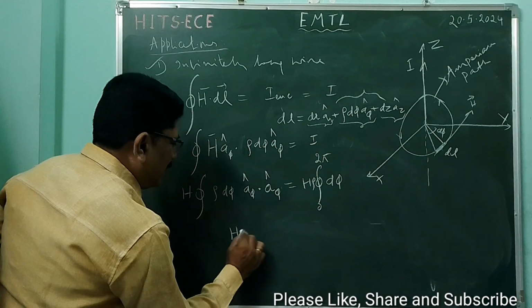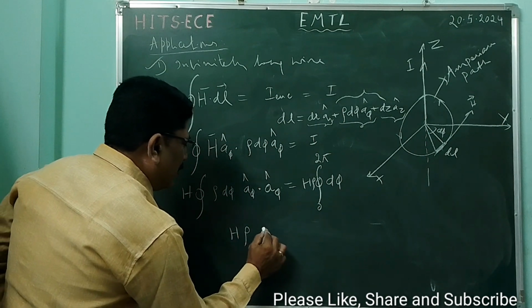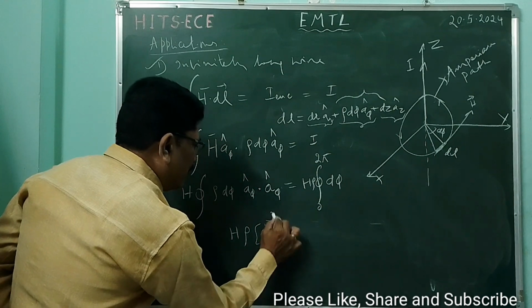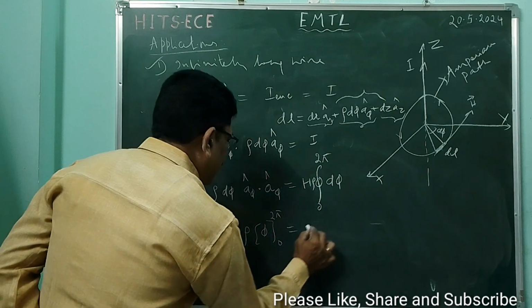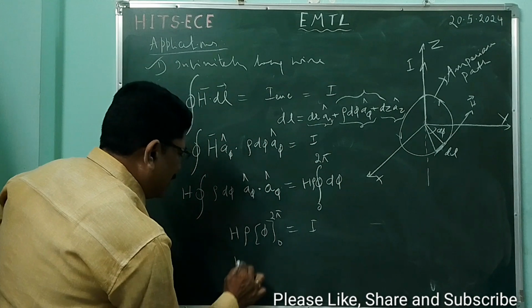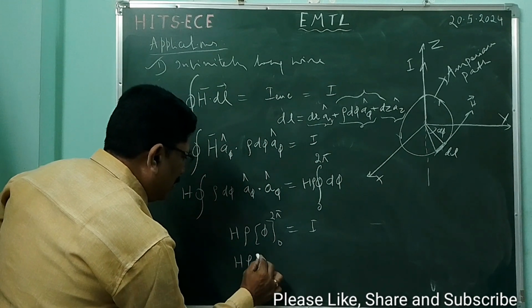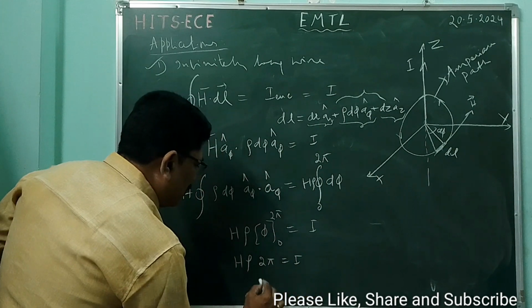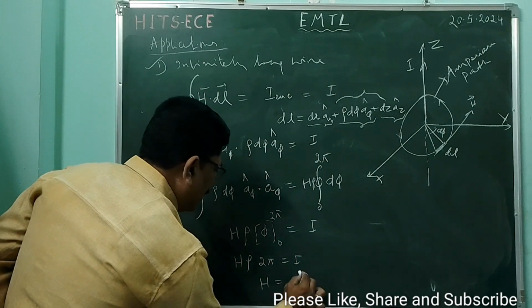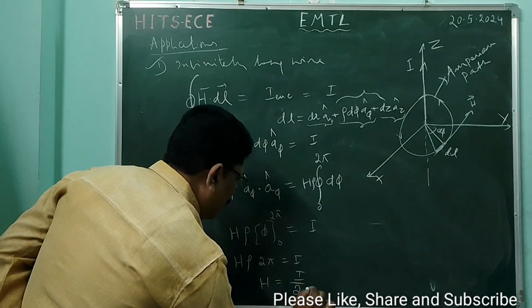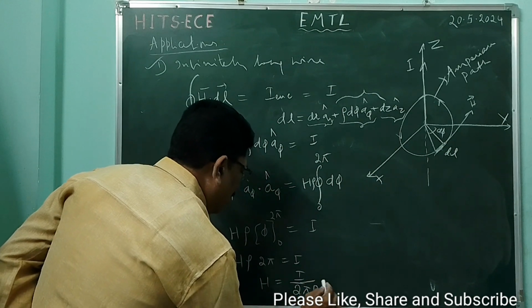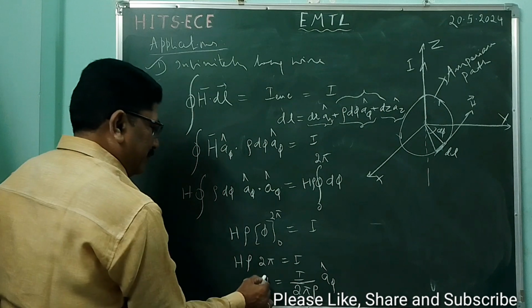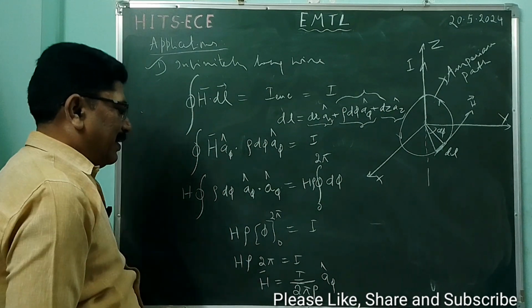So H ρ times φ from 0 to 2π is equal to I. So H times ρ times 2π is equal to I. So H is equal to I by 2πρ aφ cap.